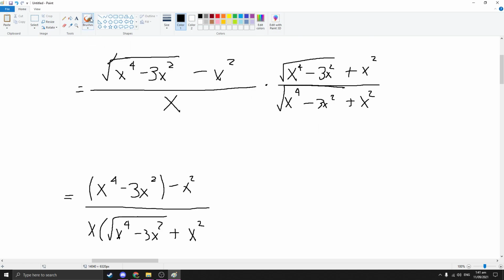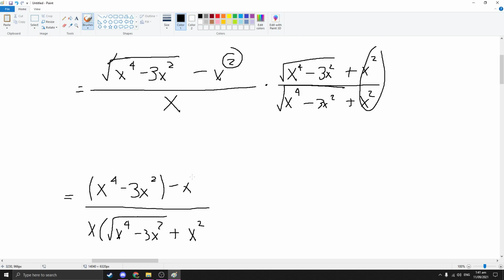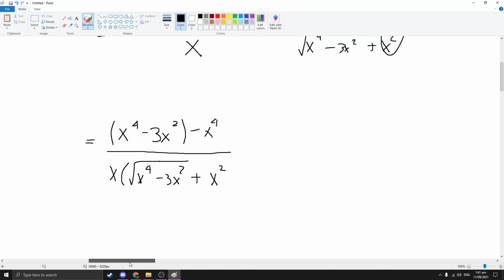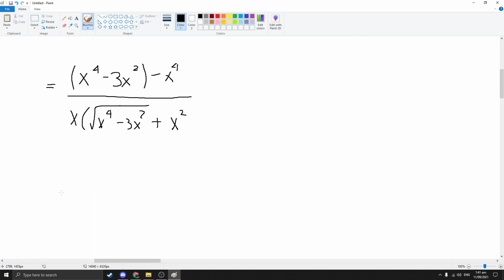Since nag-conjugate ka at minultiply mo, yung exponent na i-multiply mo dito is magiging x raised to 4 siya. So, since naguguluhan pa rin ako ngayon kasi kakaaral ko lang neto self, ito na yung best explanation ko para sa ating dalawa. So, mangyayari niyan is alisin mo ngayon tong part na to sa parenthesis. So, magiging x raised to 4 minus 3x squared minus x raised to 4.